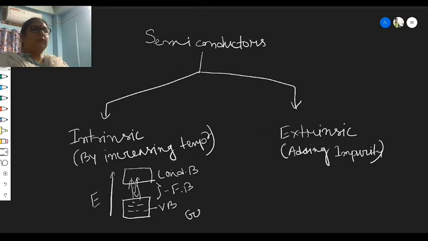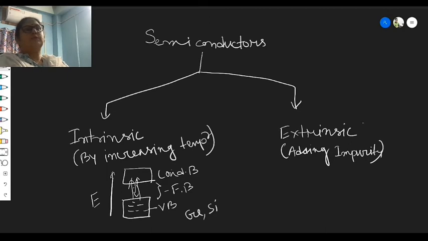As a result, the conductivity of the semiconductor increases. For example, if we consider germanium, silicon, then if we increase the temperature, the conductivity of germanium, silicon will increase. But this increase in conductivity is not very large. That means we can't use this semiconductor for practical use, since the conductivity values are not very large.